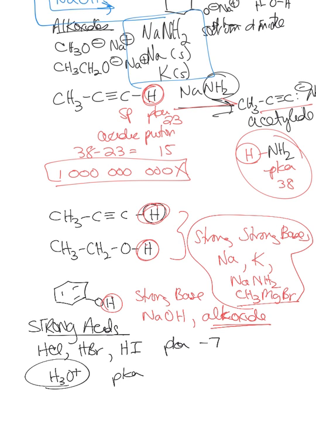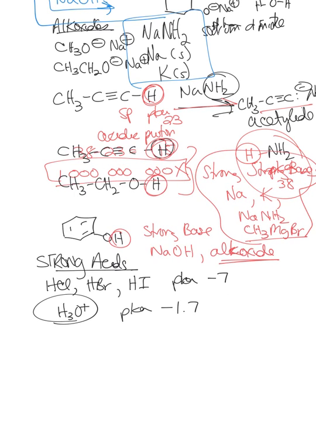That pKa is -1.7. If you see something like acetic acid, that pKa is about 4.74.